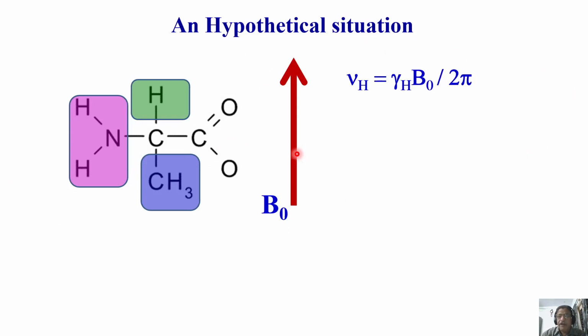Then what does it mean? According to this equation, the resonating frequency for NH2 protons, CH proton and CH3 protons, all the three are same. That means there is no distinction between any functional groups as per this basic equation.